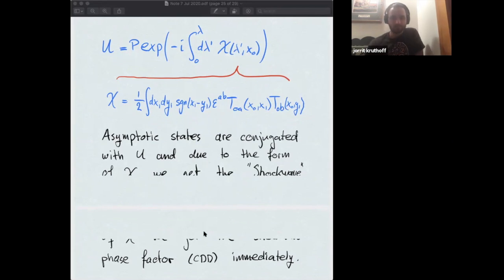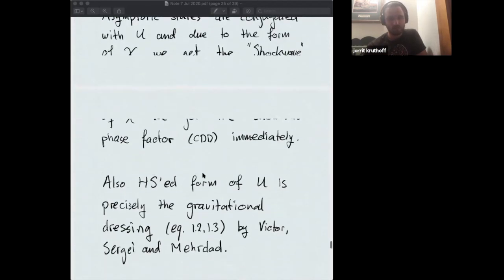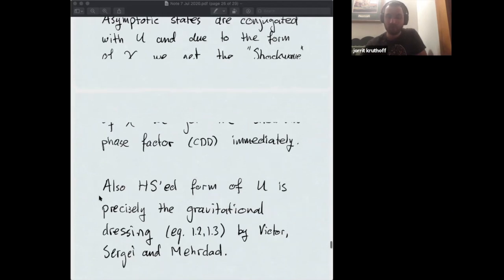This phase factor is called the CDD factor, and it is basically reproduced by this particular operator chi. To make it more explicit, you can do the Hubbard-Stratonovich transformation that I discussed a little bit in the beginning of my talk.